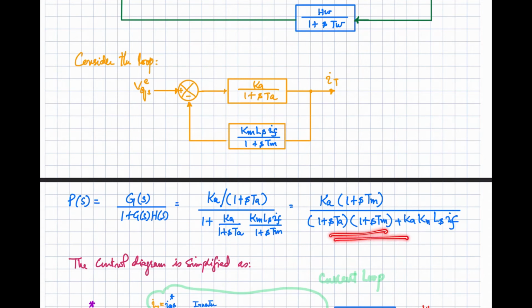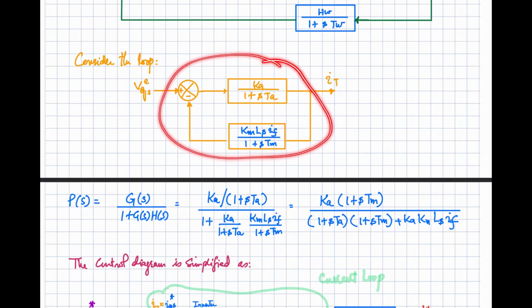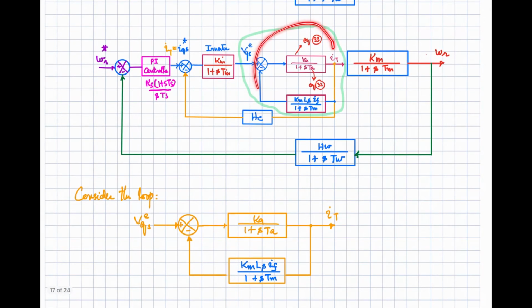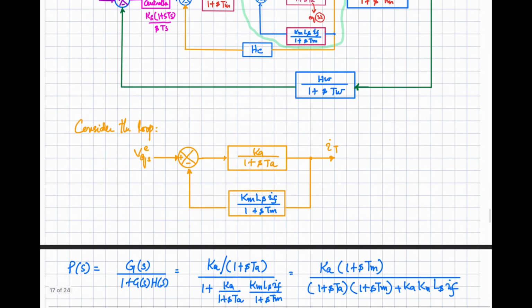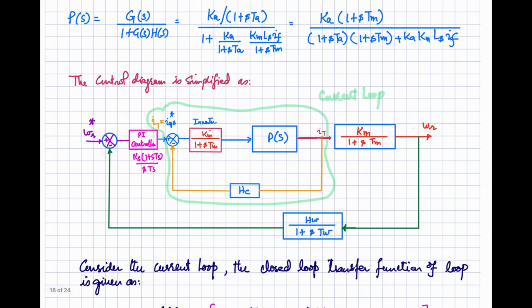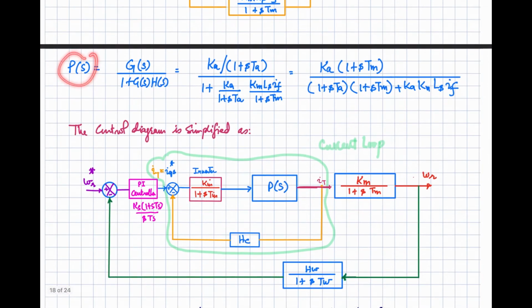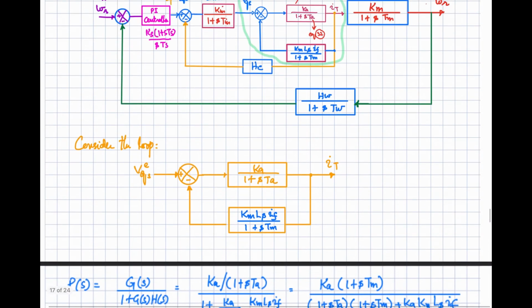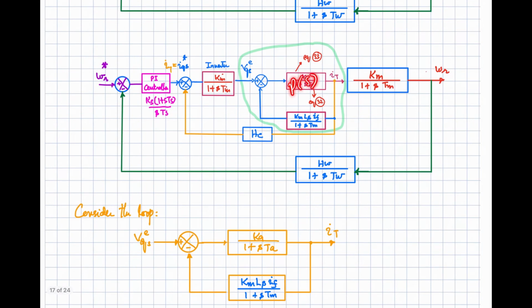It's a second order transfer function that is representing the relationship between VQS and the IT, and now we are going to replace this one with its equivalent transfer function. So let's suppose that is equal to PS. So we are going to represent it with the PS, right? So our loop will be simplified. This is PS now, and now that is in series with this inverter part, and we have the feedback H of C in this loop.